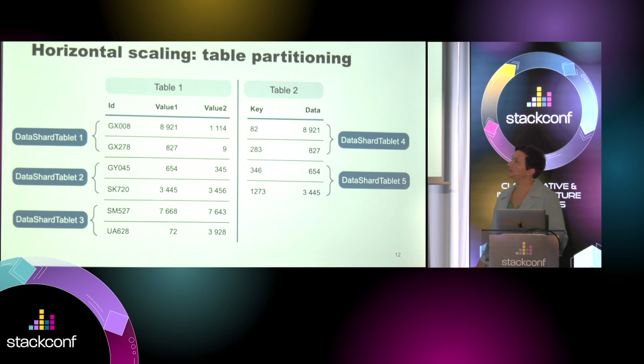As you can see on this slide, we have two tables, and table 1 has 3 shards. Every shard is served by its own data shard tablet. And table 2 has 2 shards, and every shard is served by its own data shard tablet.